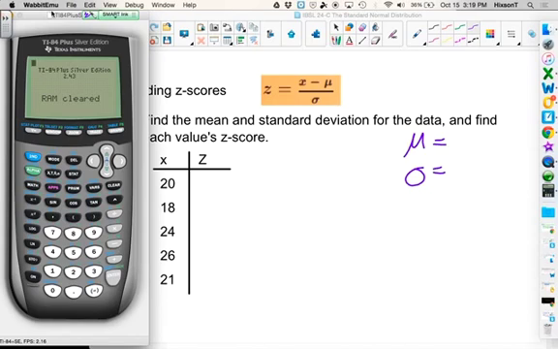What's the fastest way to find mean and standard deviation on your calculator? Okay, so stat, edit your list, punch in your values, 20, 18, 24, 26, 21, and then how do I find the mean and standard deviation? Come on, guys.